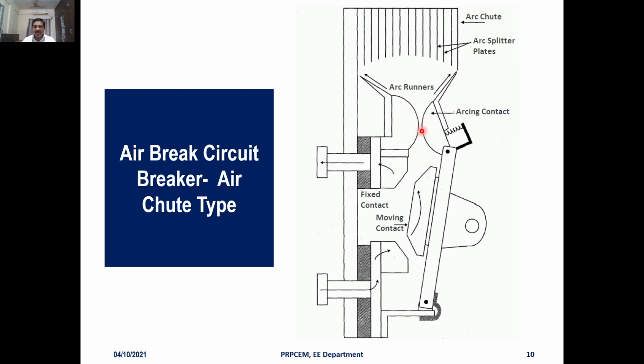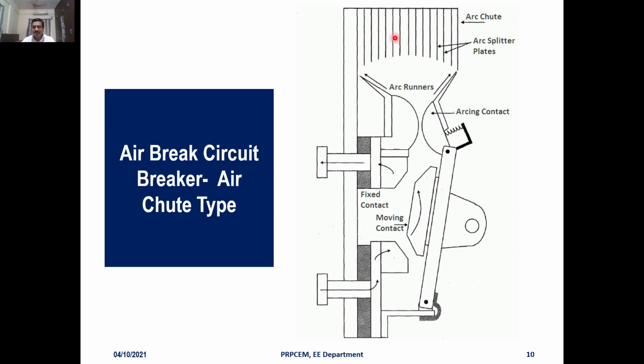This is the arcing contact arrangement in this arc chute type circuit breaker. The first one is your main contact, and the other one is the auxiliary contact. This also separates and produces a horn effect, or horn path, and that way the arc is elongated and directed into the arc chutes.